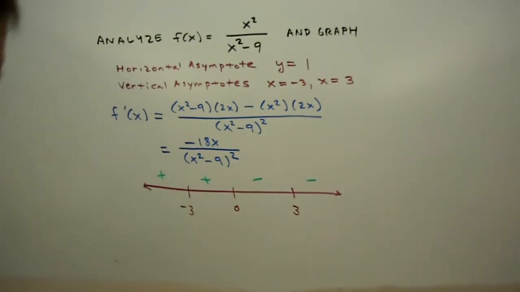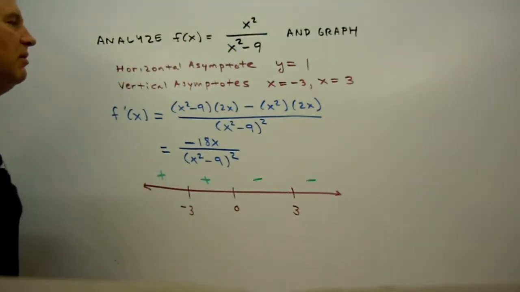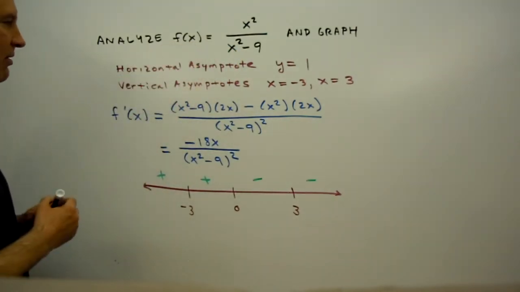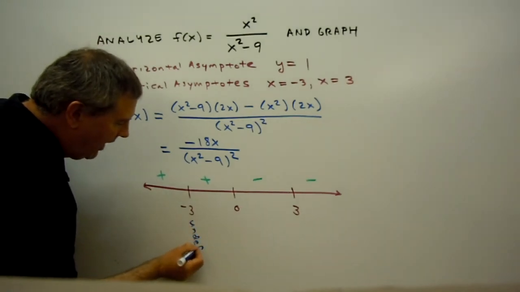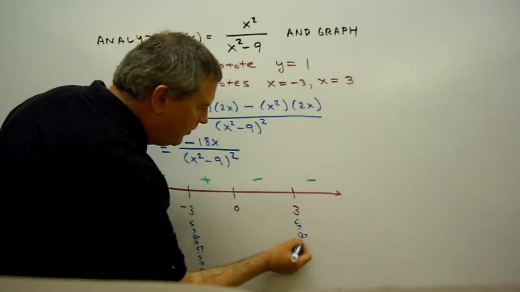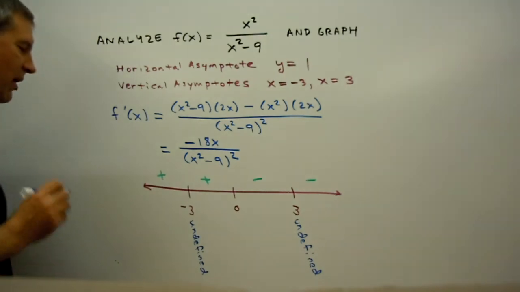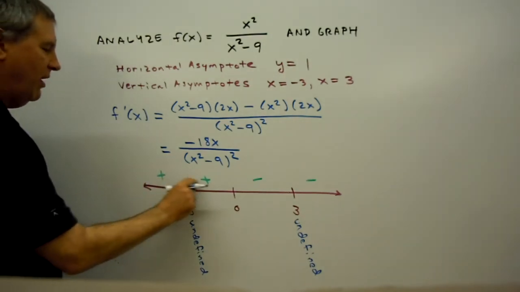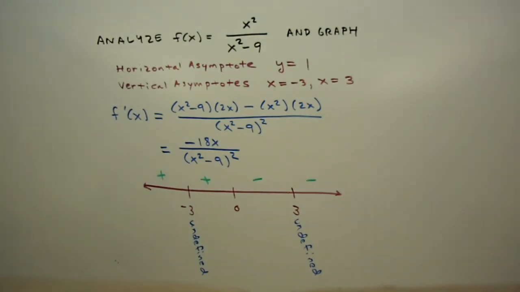So first of all, at negative 3 and 3, if you look at the original function, the function is not even defined there. So we can indicate that at negative 3 and at 3, the function itself is undefined. However, wherever the derivative is positive, the function is going to be increasing.